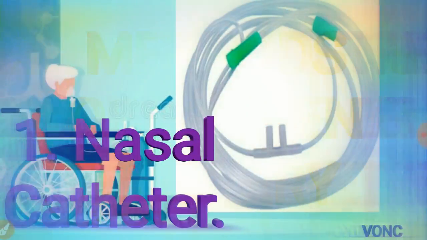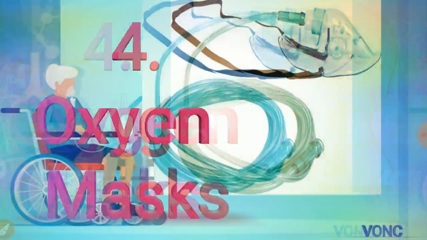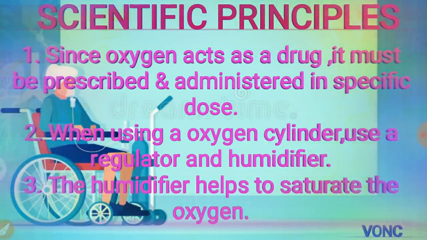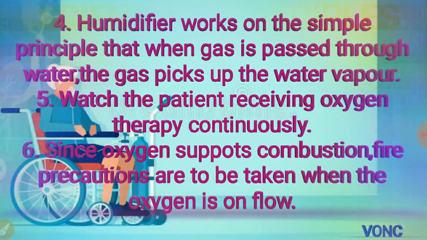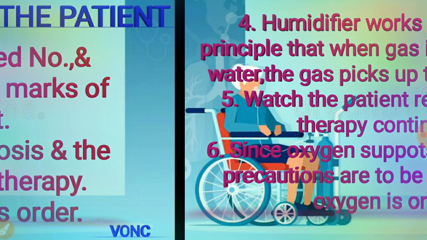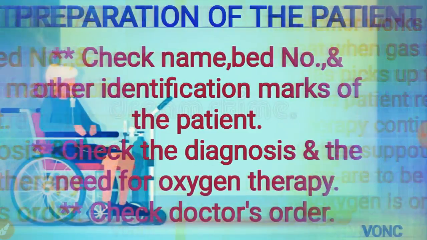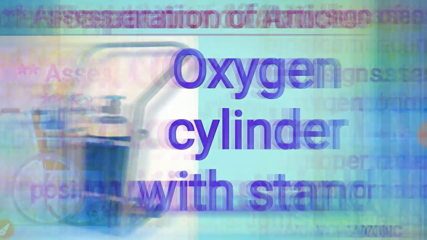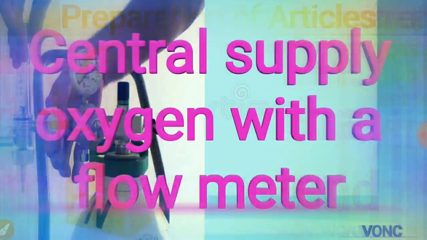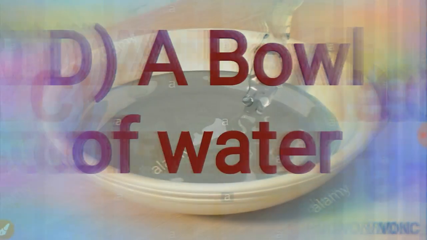There are 5 methods: nasal catheter, nasal cannula, transtracheal oxygen method, oxygen mask, and oxygen tent method. We have also seen the scientific principles used while administering oxygen to the client, the preparation of the patient, and the articles present over the tray. We have also seen the procedure steps.